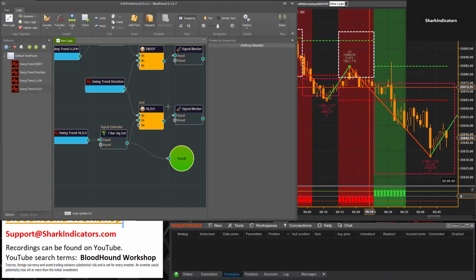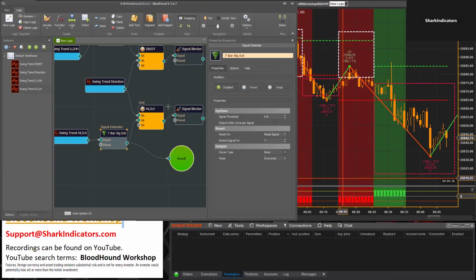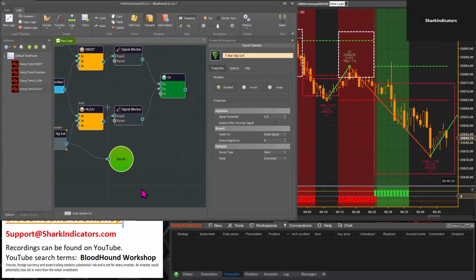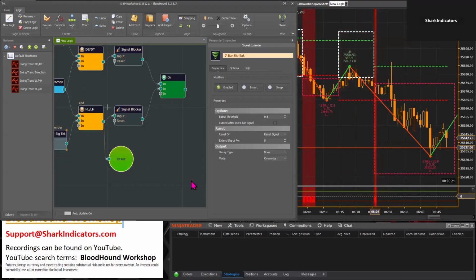So this downswing didn't start developing until this bar, and it was 1 bar after our signal extender stopped. So our signal extender stopped there. That's what we're looking at. So if I just increase this up to 8, there we go. There's our short.